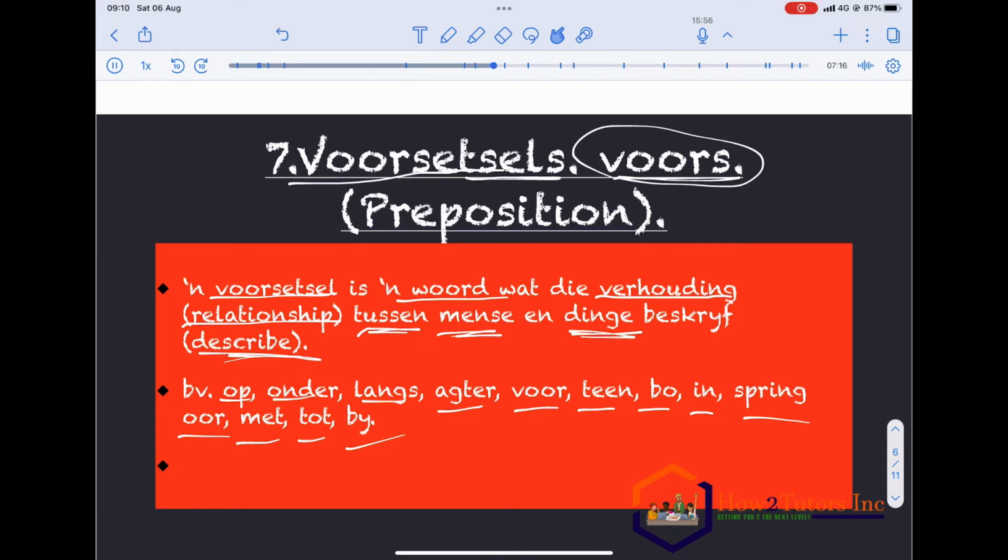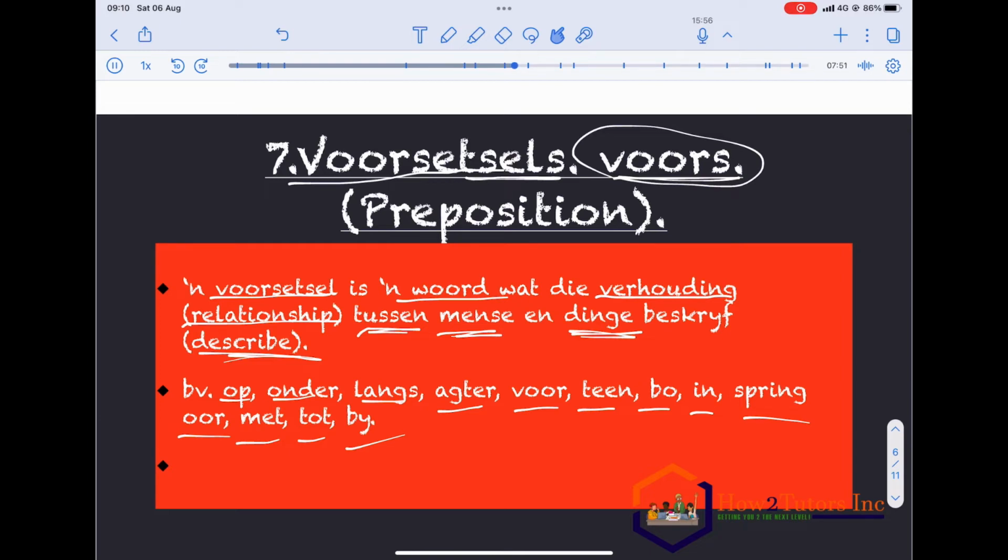A voorsetsel, a preposition, is a word that describes the relationship between people and things. So a preposition describes and shows the relationship between people and objects. Byvoorbeeld, for example: op, onder, langs, agter, voor, teen, bo, in, spring oor, met, tot, by.